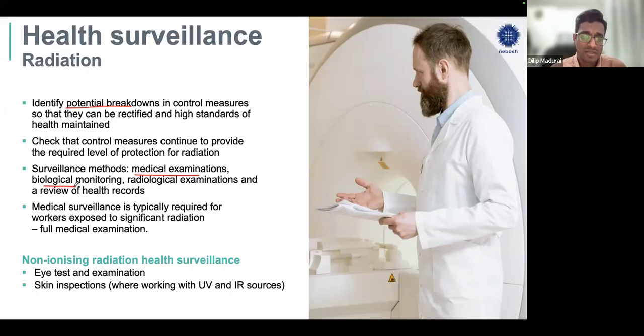Medical examination is typically required for workers exposed to significant radiation. Okay. So non-ionizing radiation health surveillance: eye tests and examination, and skin inspections when working with ultraviolet and infrared sources.